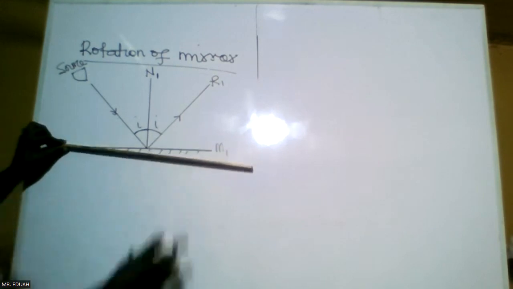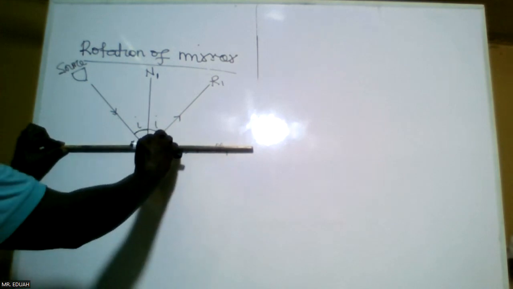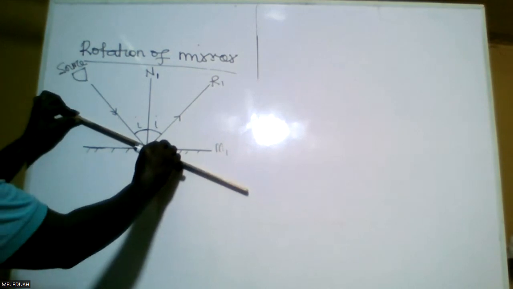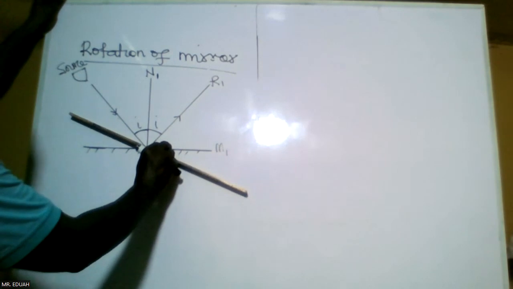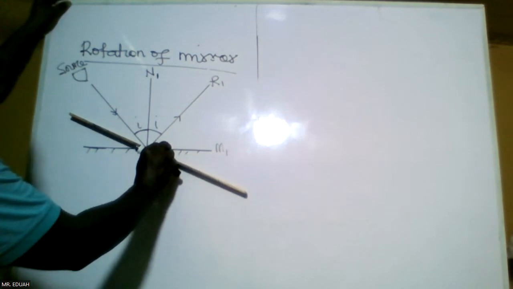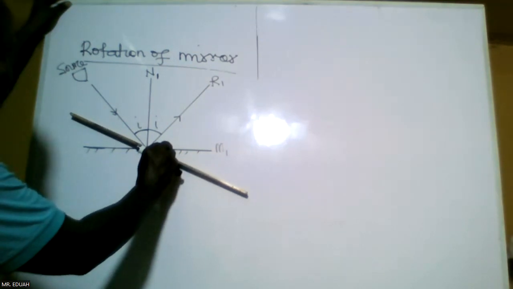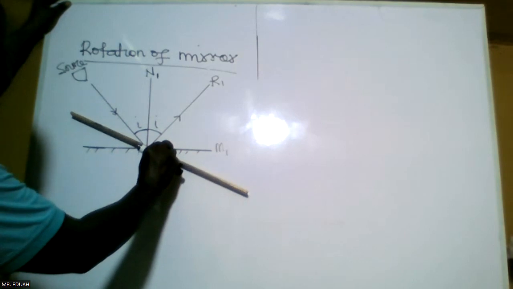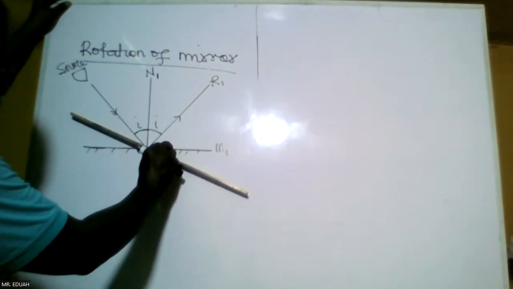So when the mirror is like this, and then you rotate it through an angle theta, the question is: we are not changing the angle of incidence, but will the reflected ray vary? Will the reflected ray vary when you rotate it?